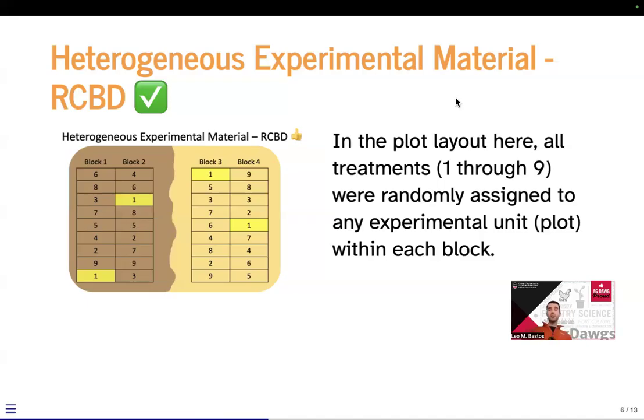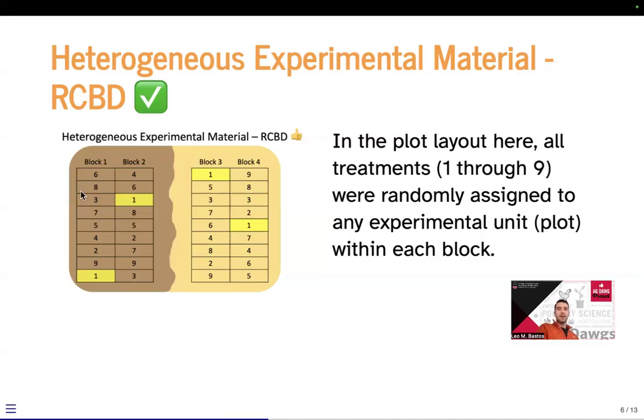Well, with the RCBD, we do have that structured randomization, which is what we're seeing here. Within each block, we're randomizing completely independently from the other block. However, our assumption is that within a block, the conditions are homogeneous. It's okay if those conditions are heterogeneous from one block to the next, but within a given block, we're trying to accommodate that block in a way that conditions are homogeneous within it. So if by random chance all of your treatment ones end up on the south side of this map, you can rearrange things if you want to make it a little more spread out.